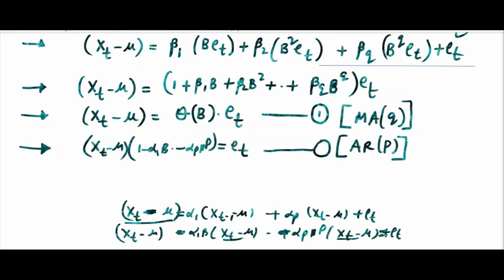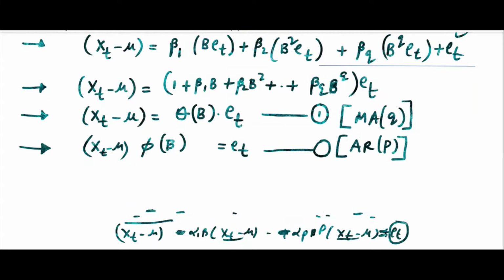This was there. So we'll replace this one by another function. I think I've written theta(B) already for that. If you want, you can change now that one: phi(B), a function of B, and on the right hand side you see e_t. So this is the representation for the AR(p) process.